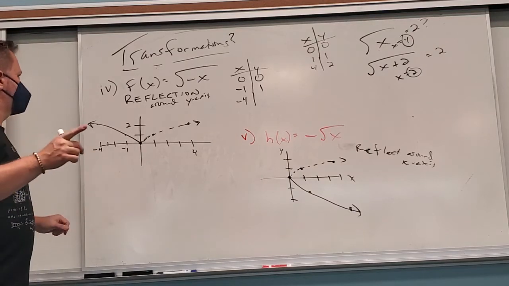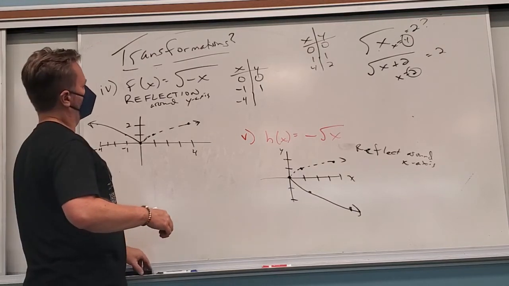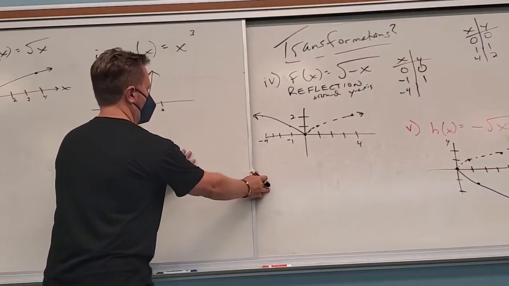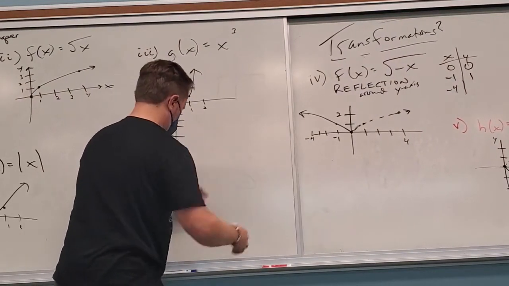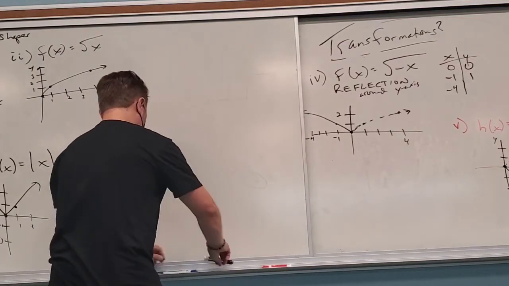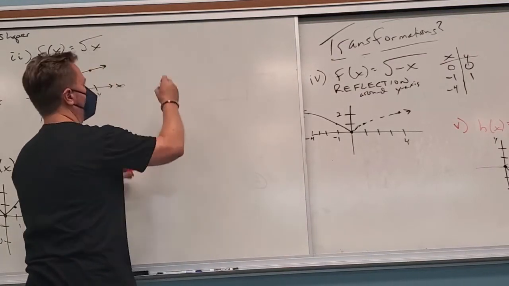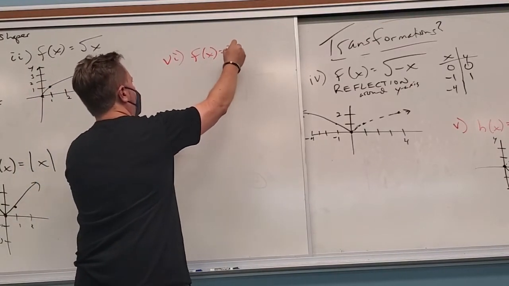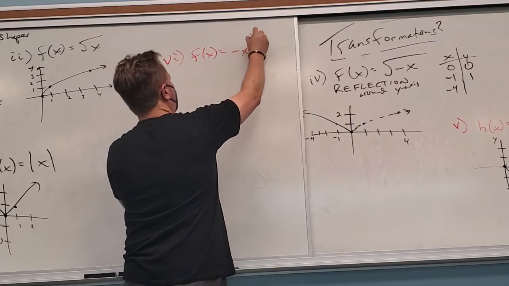So you guys try this real quick before we do anything else. Where are we at? f of x equals negative x squared plus 1.